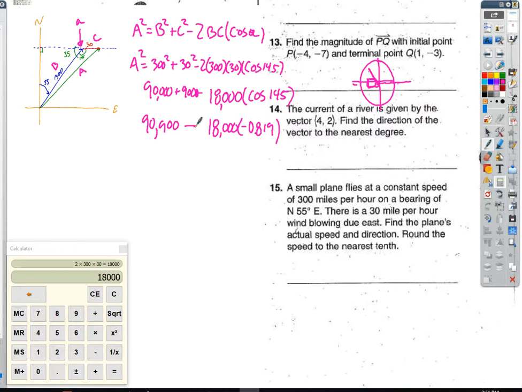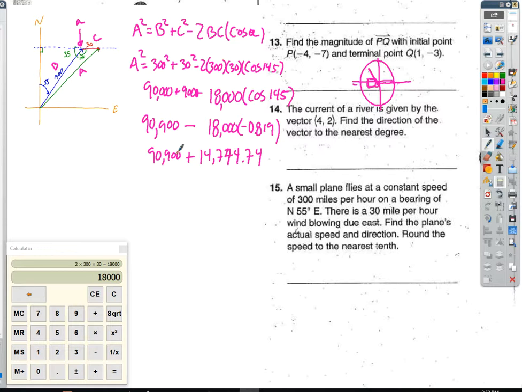And I get, so now I have positive, because a negative times a negative is a positive, 14,744.74. So I'm going to add 90,900. And so I get this ridiculous number.